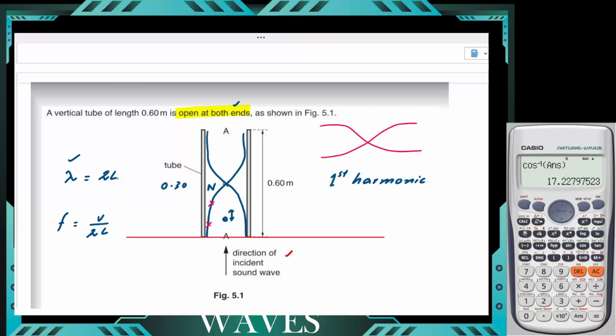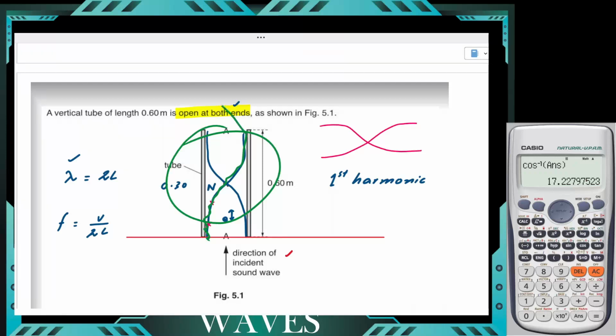And if you forget the formula, you can take a look at the diagram and work out how many waves there would be in the given length. In this part of the tube, you have only half of the wave. Starting from here, that's only half of the wave.